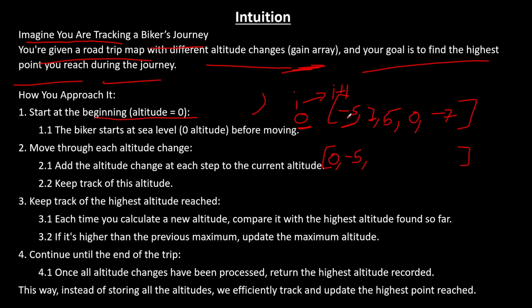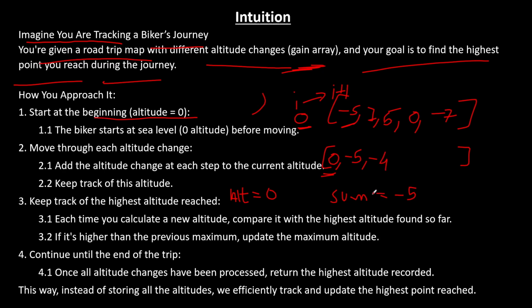Now the current sum is -5 with us. If we compare these two values, the highest altitude is 0. So let the ALT, which is altitude, be 0. Now, from -5 you go to I plus 1, which is 1, which gives us -4.